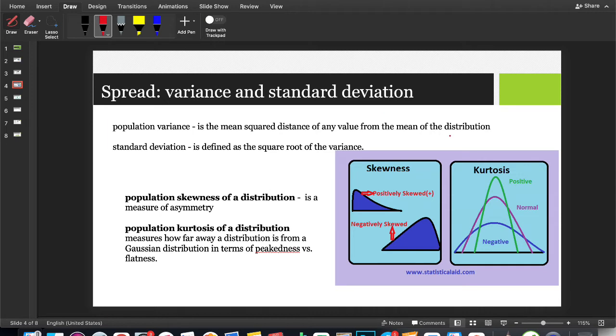Next is the spread of a distribution. The spread of a distribution most commonly refers to the variance or standard deviation parameter, although other quantities such as the interquartile range are also a measure of spread. When you say population variance, this is the mean squared distance of any value from the mean of the distribution.